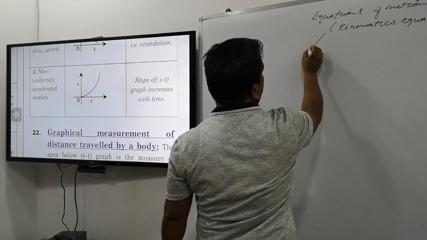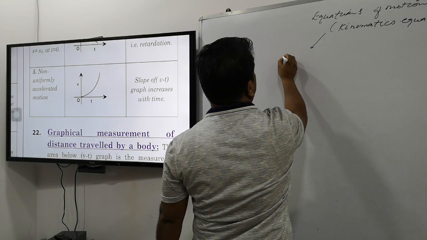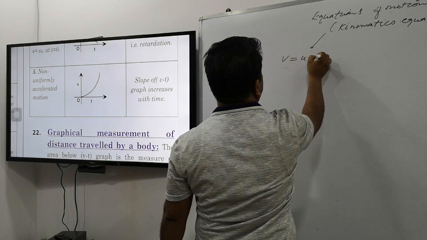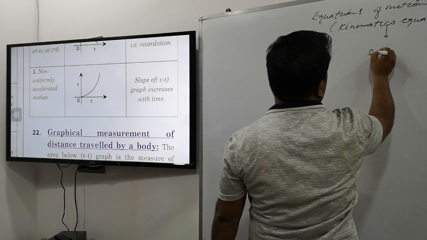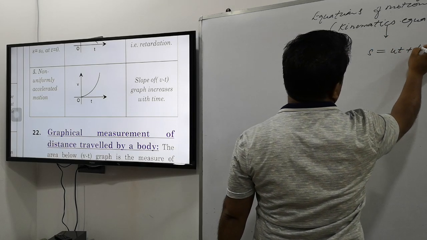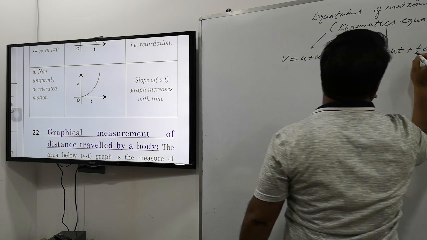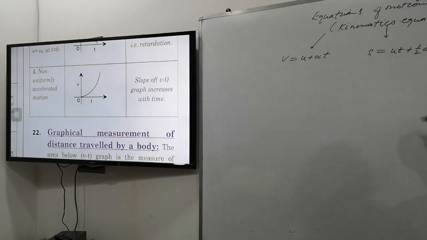The first equation we'll discuss here: v is equal to u plus at. The second: s is equal to ut plus half at square. And the third: v square is equal to u square plus twice as.